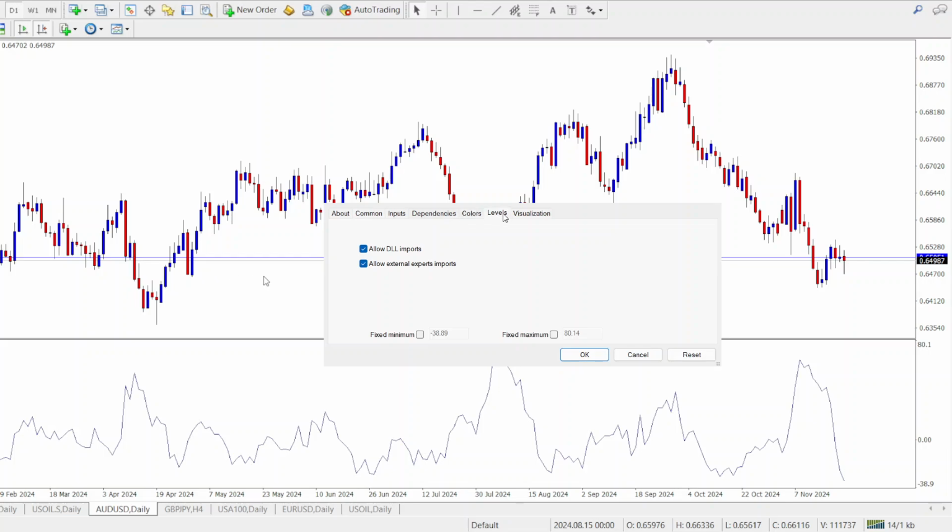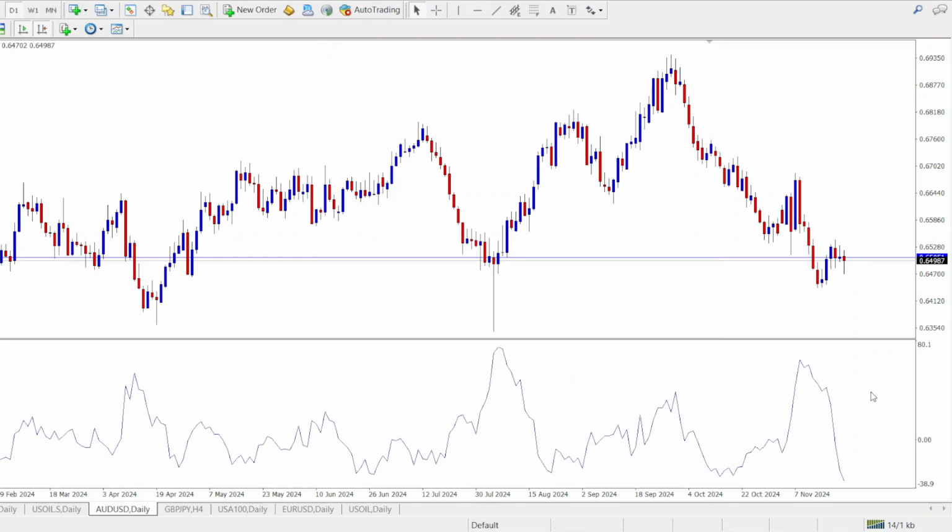If you want to set specific levels, you can actually come here and set them, but in the default settings there are no specific levels for the indicator reversal points. You can do that in the settings if you wish.